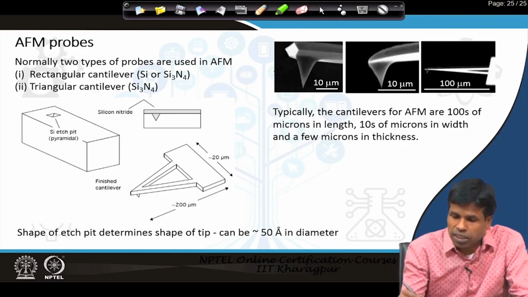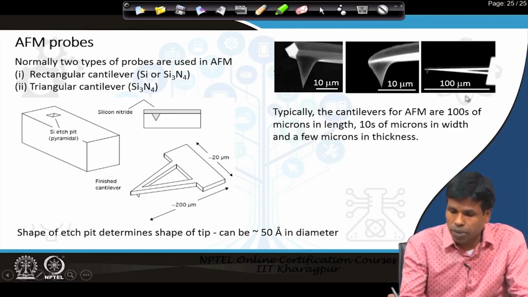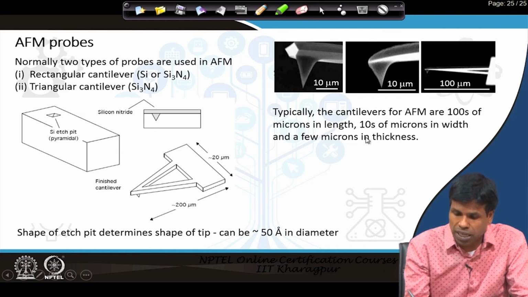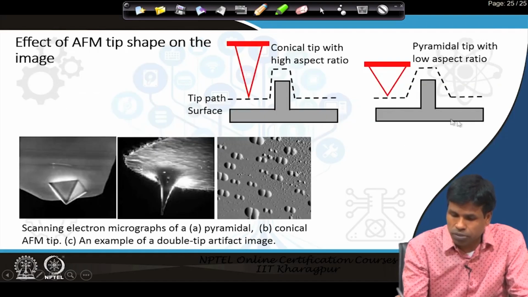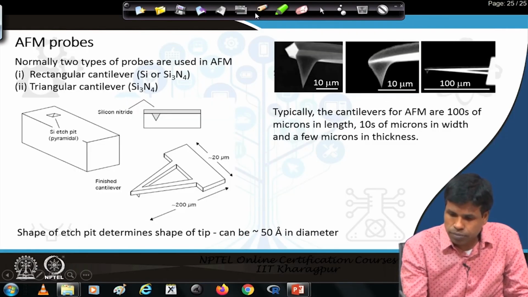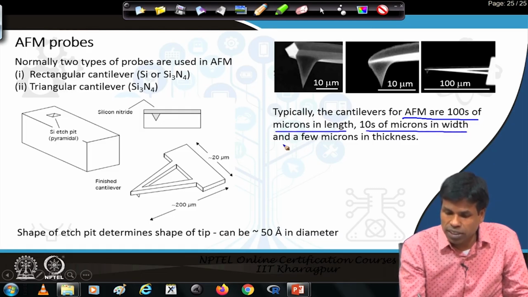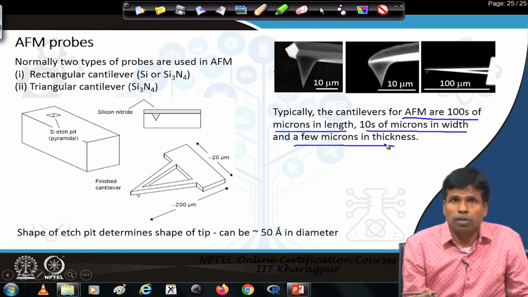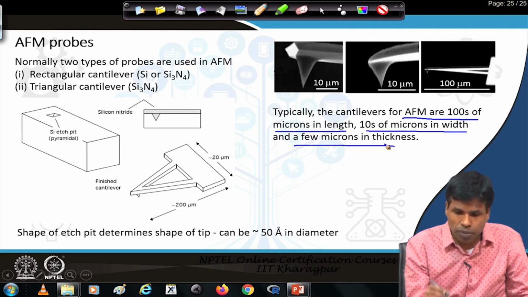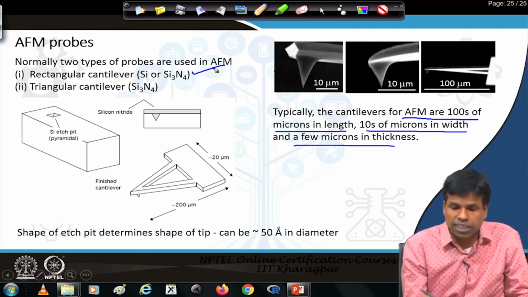As you see, the probe shape can be of any size, and these cantilevers are around hundreds of micrometers in length, tens of microns in width and a few microns in thickness. Thickness is very small, and this dimension will play important roles in the stiffness, spring constant, all these values of the cantilever.